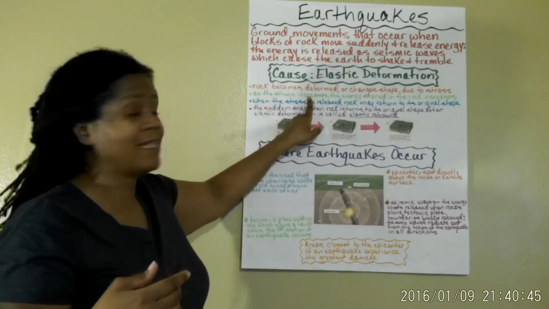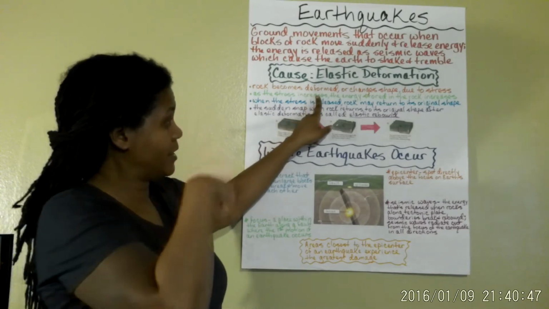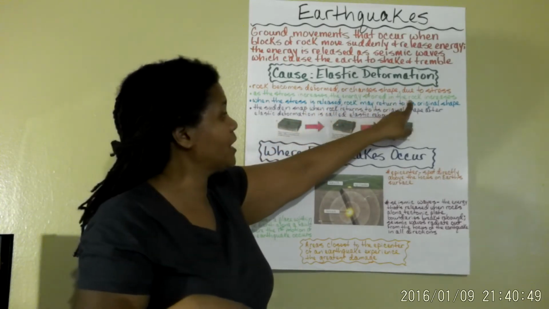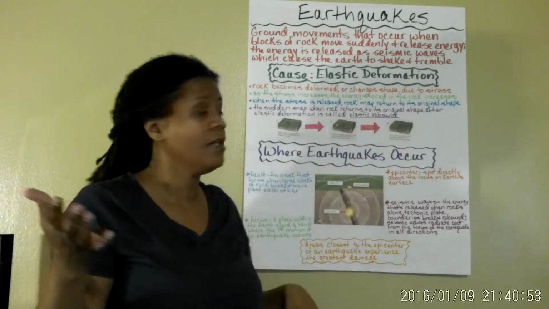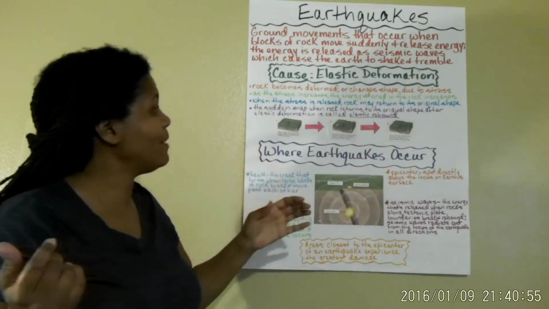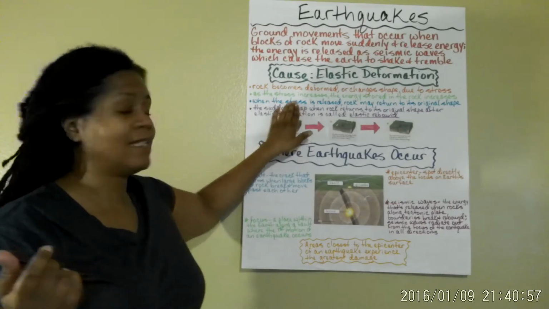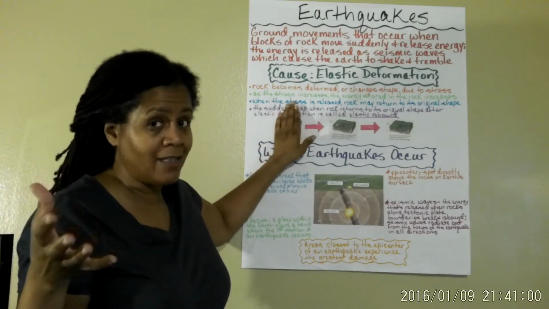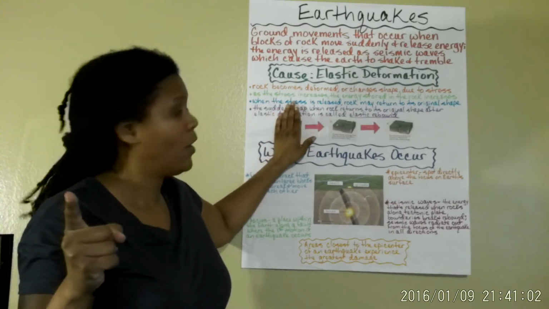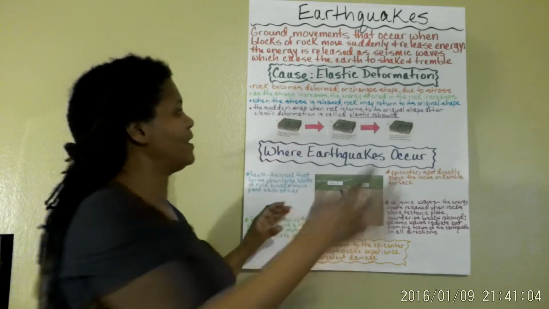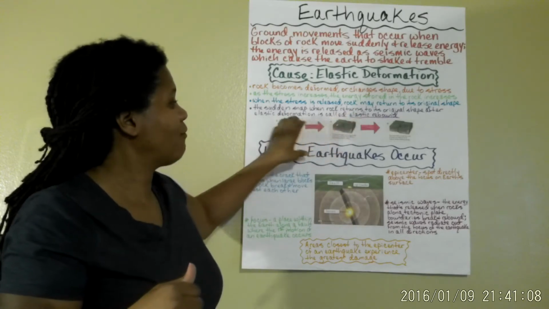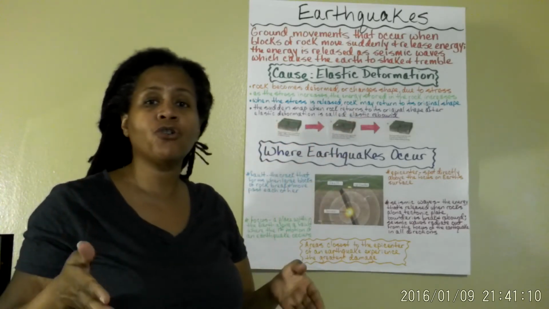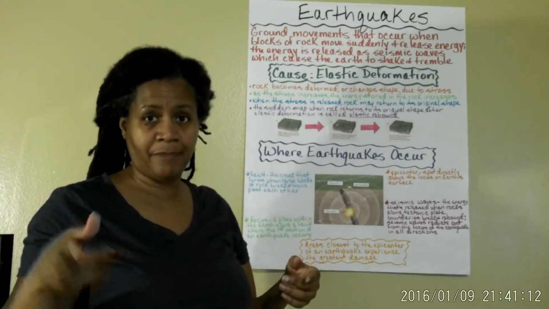As the stress increases, like I just said, the energy in the rock also increases, okay? So when that happens, that stress or that energy has to go somewhere, okay? And what happens is once it gets released, that rock can then return to its original shape, okay?